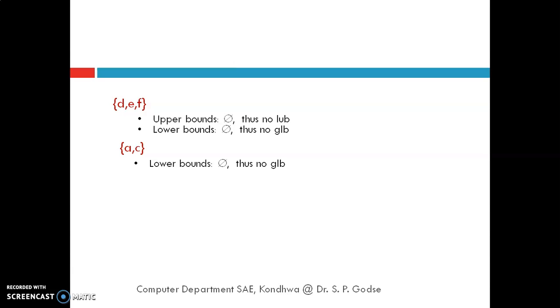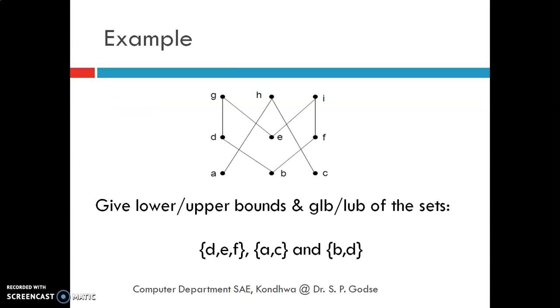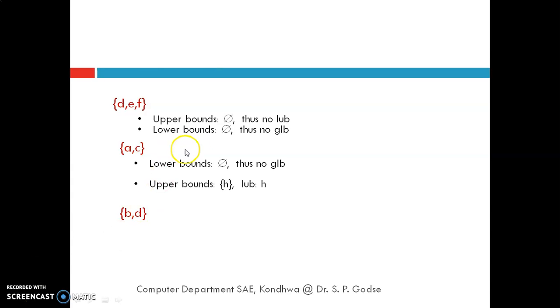Lower bound is 5, so thus no greatest lower bound. Again, if you see for AC, upper bound is H and it is least upper bound also. Upper bound is H and least upper bound is itself, because there is no multiple upper bounds.